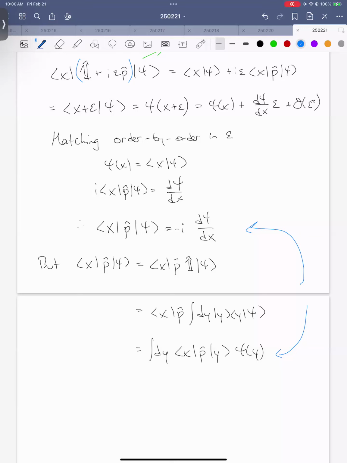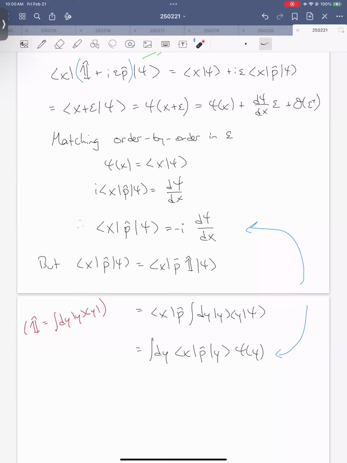So I'm just saying that, oh, it's a nutritious factor 1. It's the y ket y bra. Yep. Great. I like that nutritious factor of 1. That's Andre Pesce's phrase. All right, very good.